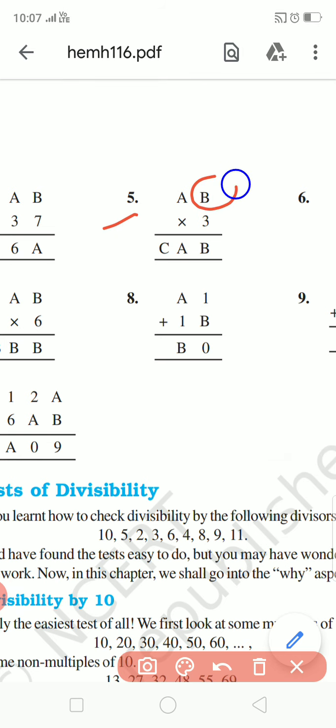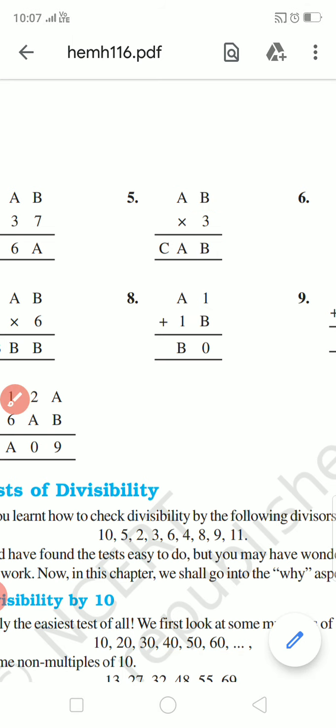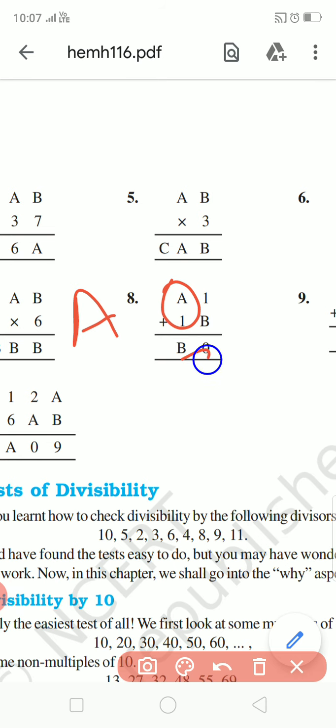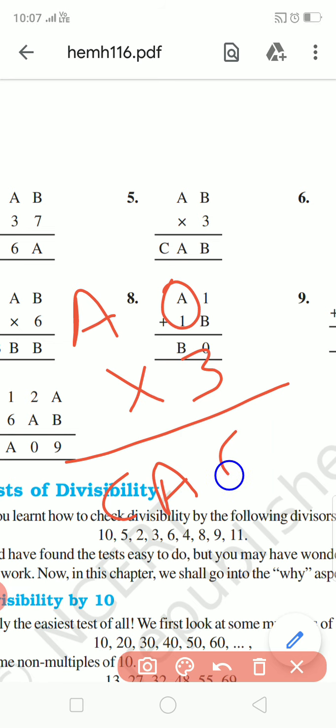So we have to multiply a number to get here same, and here A, so it must be same, right? Okay, so you can write a 0 instead of B. So if I write a 0 instead of B, if we multiply it with 3, we have given C A, so it will also be 0.